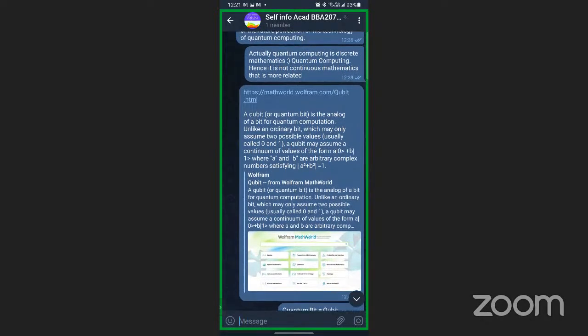If you go to various sites, one of them I chose was Wolfram. This is really my favorite site for mathematicians. It's really a good site. At mathworld.wolfram.com you will find the definition of qubit. A qubit, also called a quantum bit, is an analog of a bit for quantum computation.